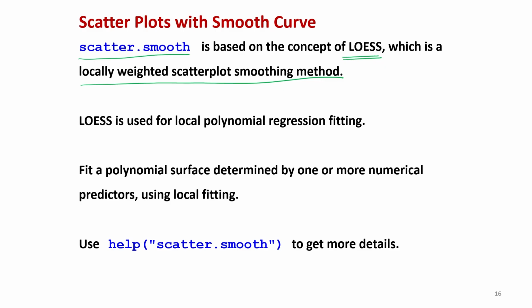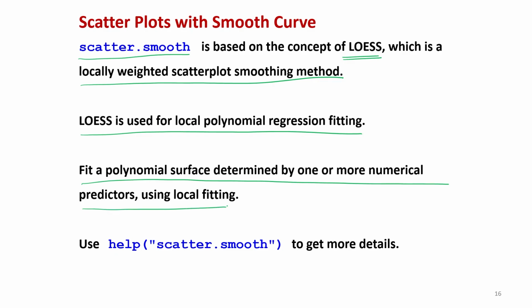On the same line, LOESS is used for local polynomial regression fitting. What we do is fit a polynomial surface determined by one or more numerical predictors using local fitting. If you want to know more details about scatter.smooth, I would recommend you go to the help and look into the details, right?